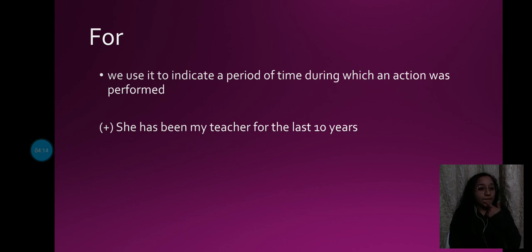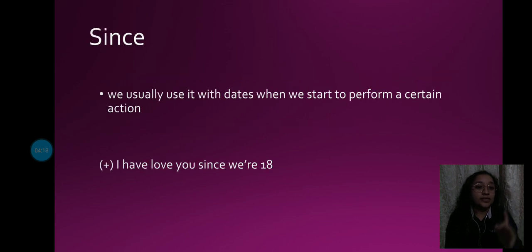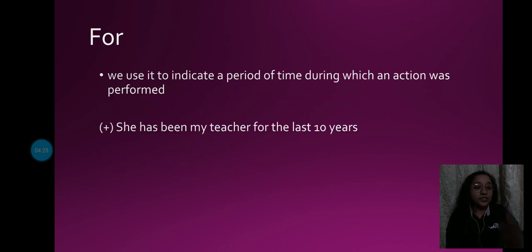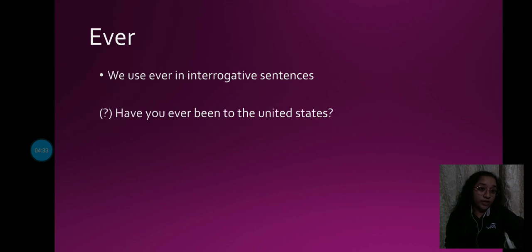The difference that I found is that with since, we don't know when this is going to be over, and for is telling you that it's a limited period of time. It's over now. That's the difference I found here.